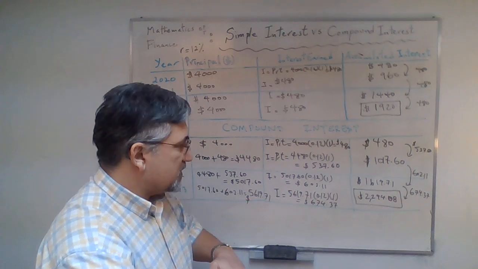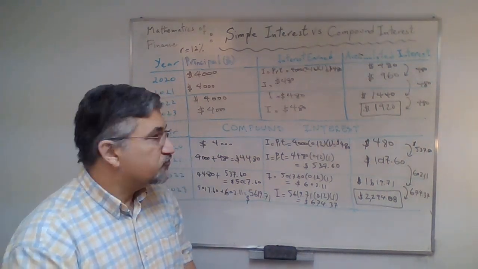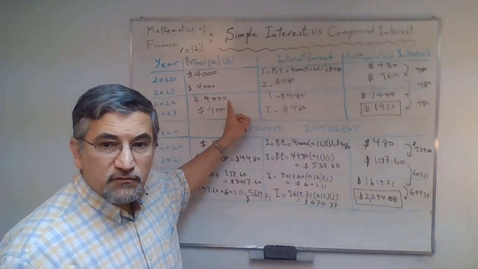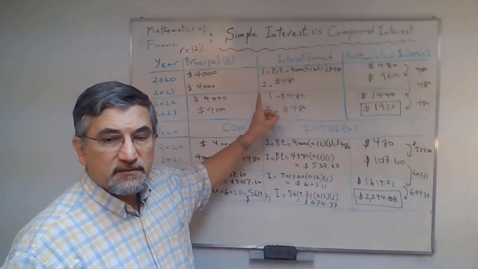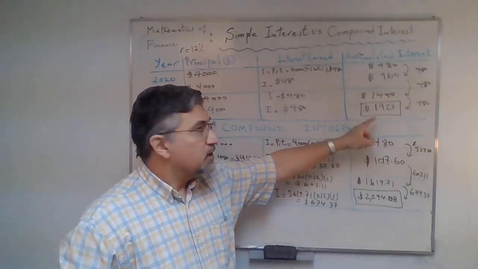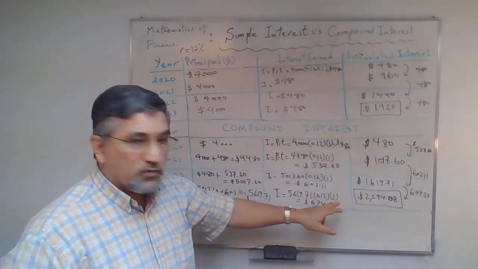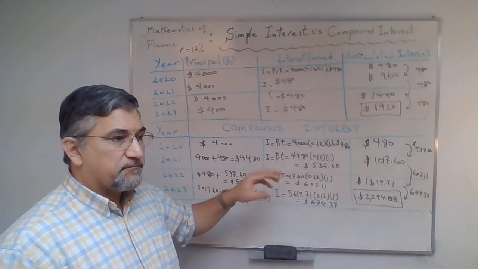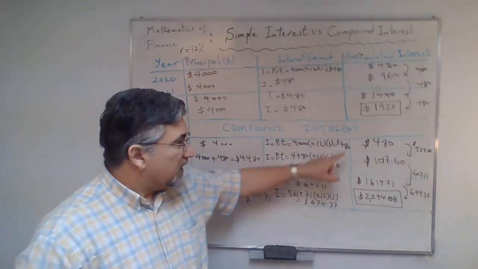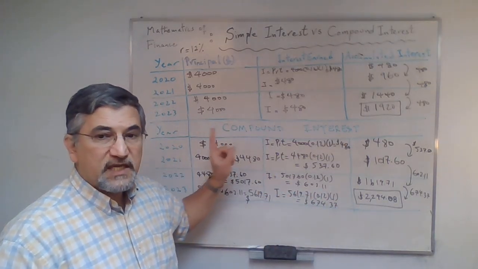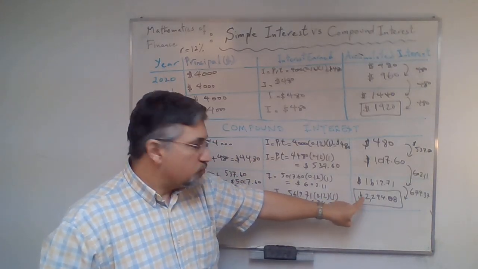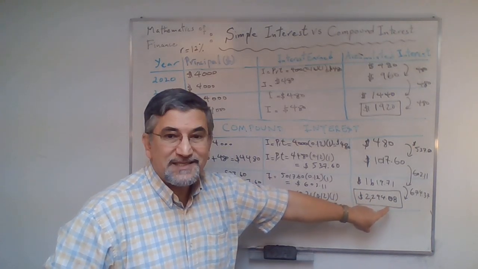When you're comparing this amount I put in a box with what you had before in simple interest, you see that you are earning more money in interest. After 4 years, with the same principal of $4,000, with the same rate of interest, but simple interest, you received $1,920 in interest. But with this new mechanism of calculating the interest, known as compound interest, after 4 years, with the same principal of $4,000, with the same rate of interest, you earned $2,294.08.